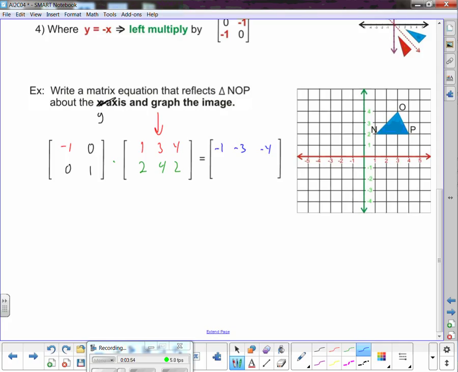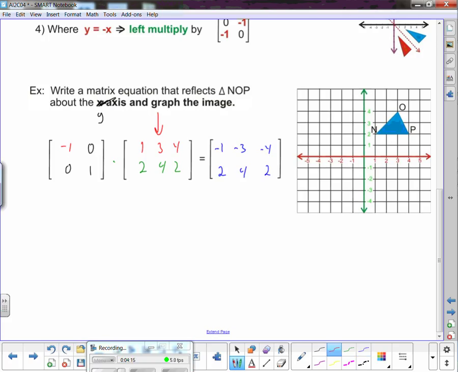Now I'm going across the bottom row, down the first column: 0 times 1 is 0, 1 times 2 is 2, so the bottom is 2. 0 times 3 is 0, 1 times 4 is 4, and 0 times 4 is 0, 1 times 2 is 2. And if all is right with the world, those are the coordinates of our transformed figure.